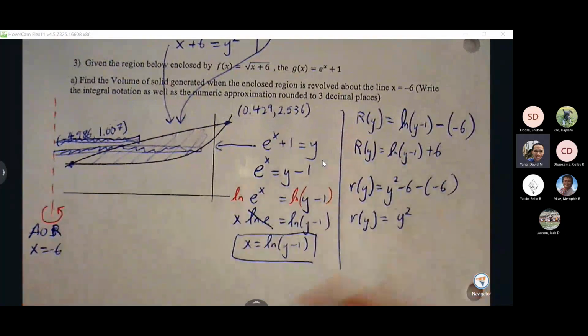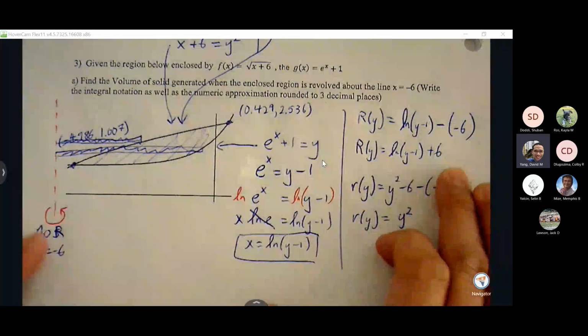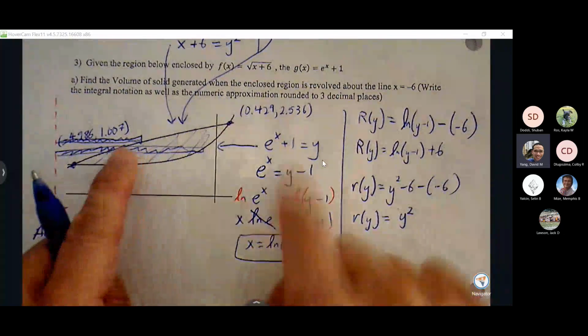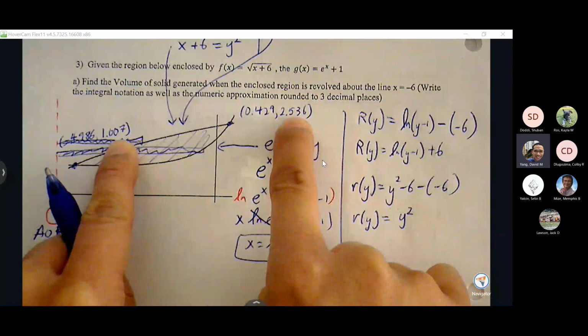Okay, so now we can build our volume formula. This is washer method. We need the lowest and highest y values. Perfect, we have those identified.